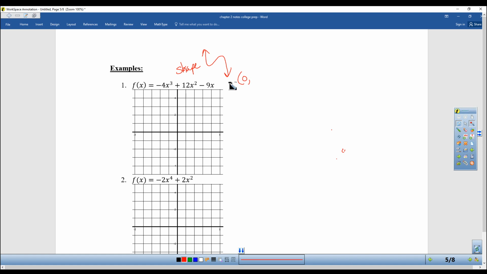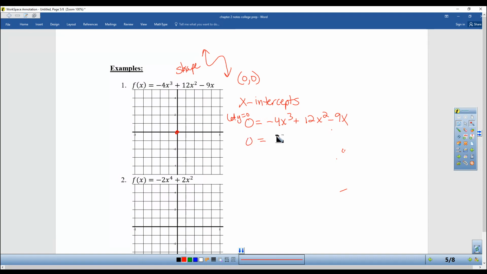When I put a 0 in, they all are 0. So now I know 1 point. And now I'm going to find the x-intercepts. This is usually the big one. So that means you let y equal 0. And like I said, it usually involves factoring.